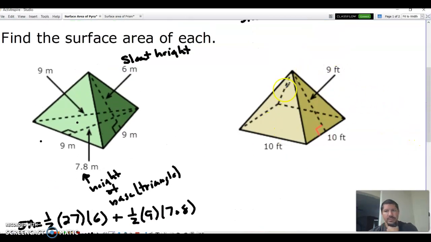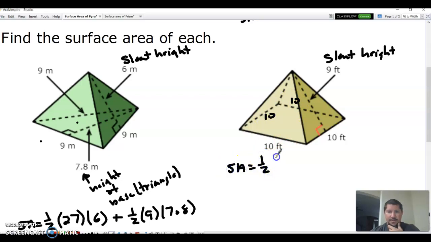Alright, so this one will be a little bit easier because it's a square rather than the triangle. So this is my slant height. Obviously 10, 10, which makes this 10 and this 10. So surface area is half the perimeter of the base, which is 40, times the slant height, which is 9, plus the area of the base, which is 10 times 10, or 100.